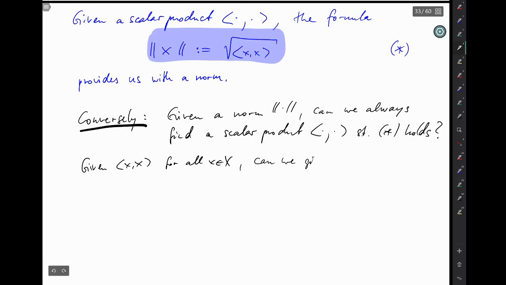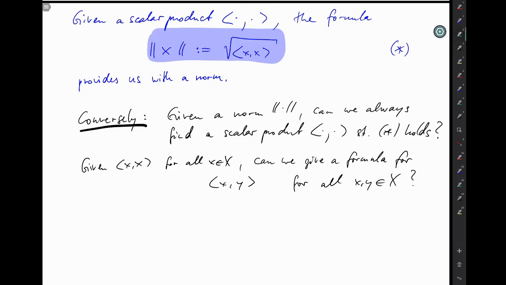Can we give a formula for x comma y for all x and y in X?